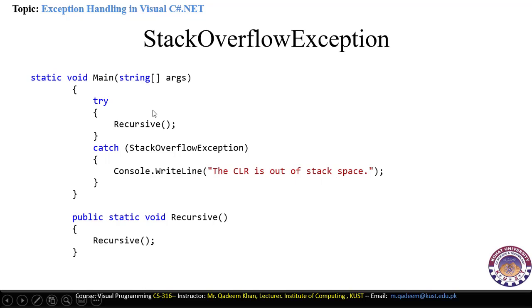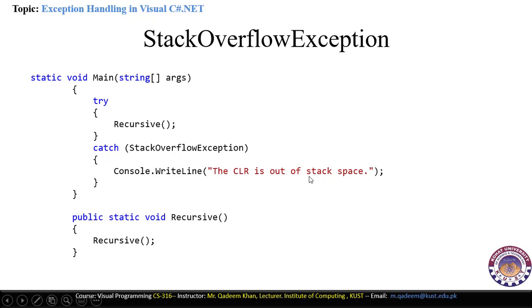That means a recursive function is one which is called again and again, and at the end the CLR, that is the Common Language Runtime, will be out of stack space. That means our memory will be out of range.